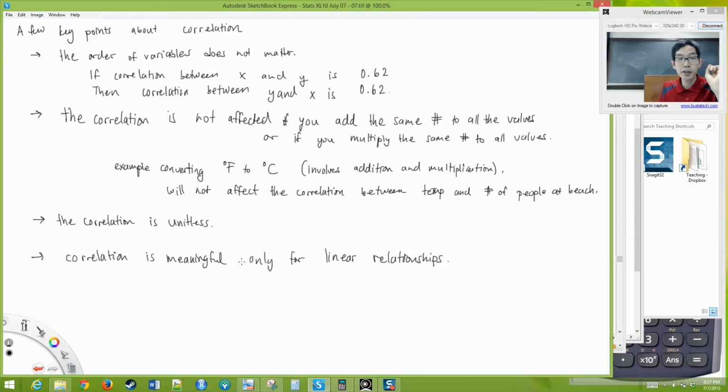You can calculate R for any two numeric variables, but the interpretations only work for linear relationships.